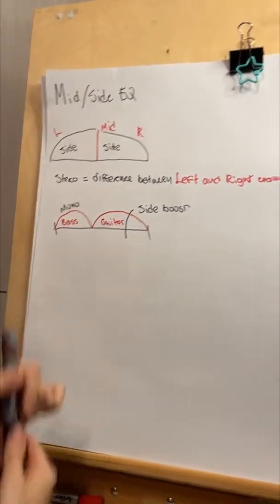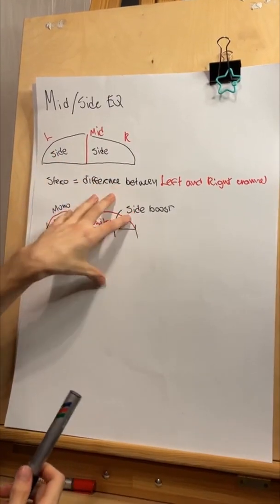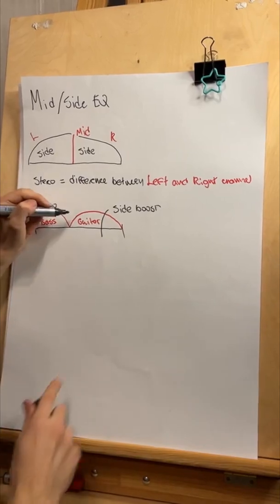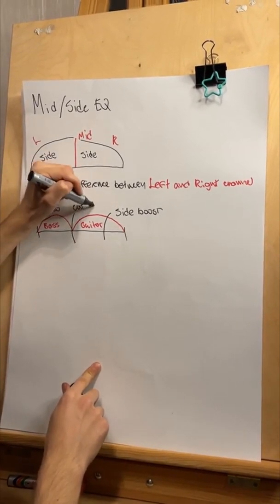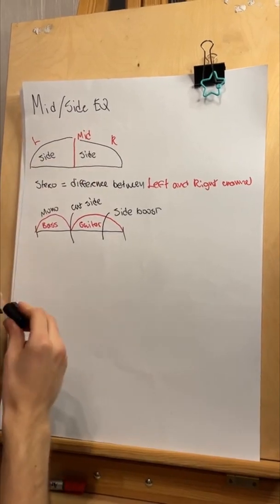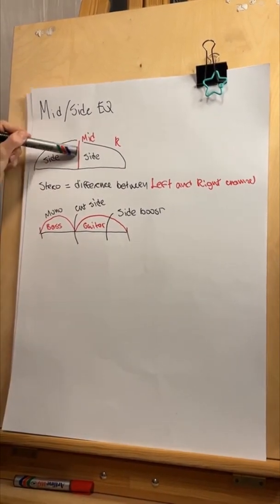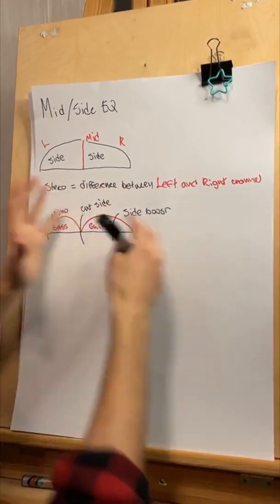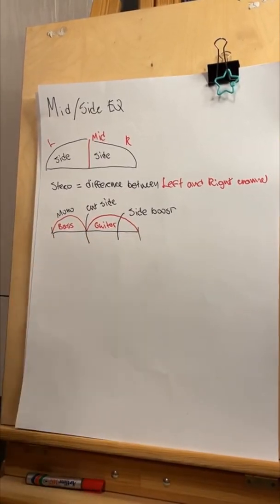But if you also want to reduce the side, if you want to make the guitar more in mono, you can cut the side, okay? Maybe you want to cut the side. By affecting different channels, for example, the mids, you can make the guitar wider, or you can make it more narrow, more in mono. That's basically all of the difference.